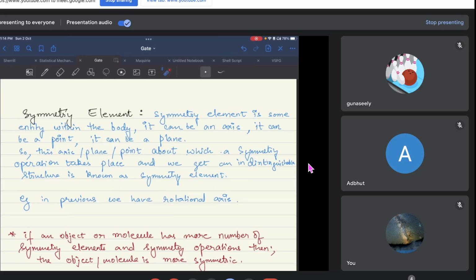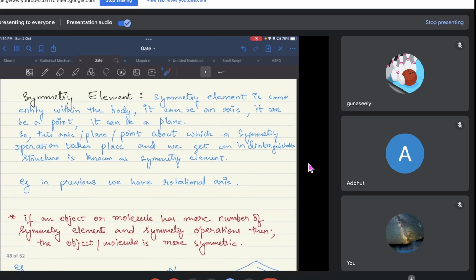So we have the symmetry element and we do the symmetry operations and we find out the different indistinguishable or identical structures we can get, and the more indistinguishable or identical structures we get, the more symmetry there is in that particular molecule or structure.